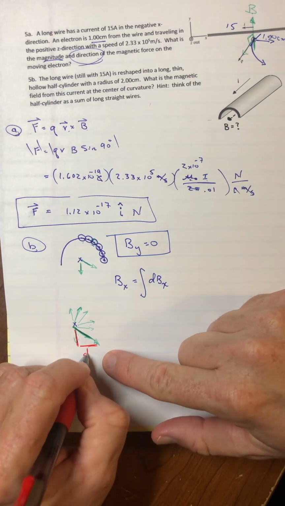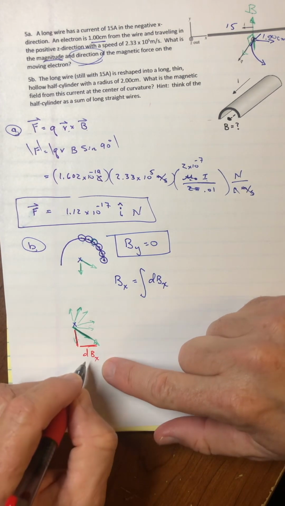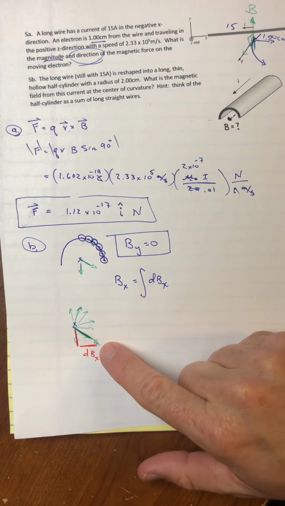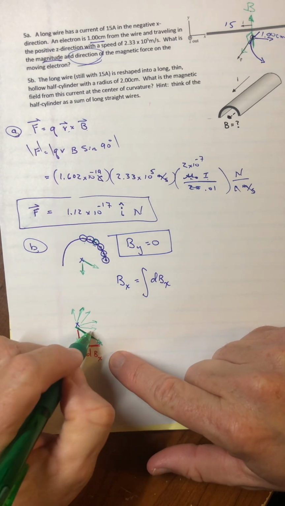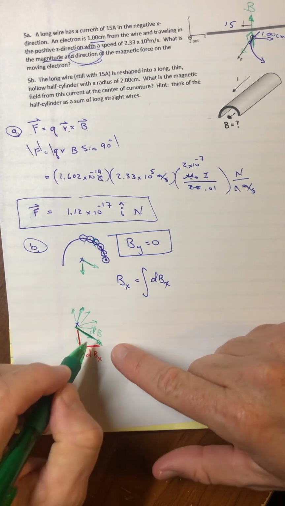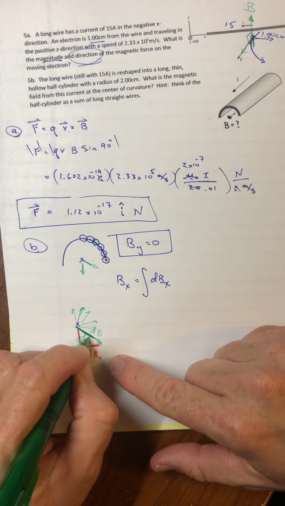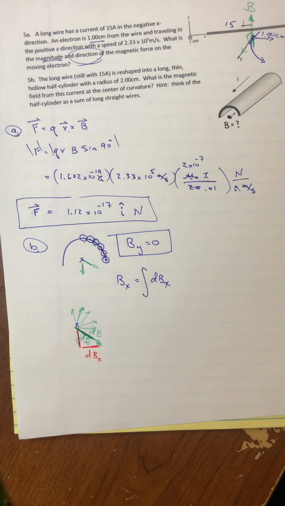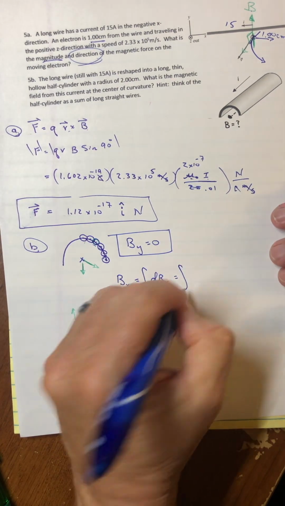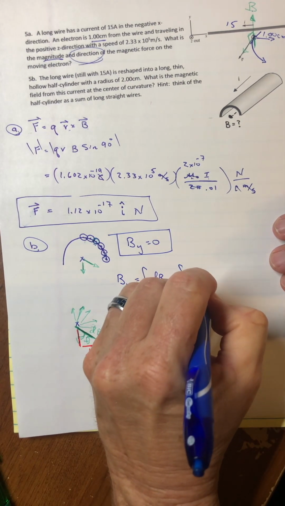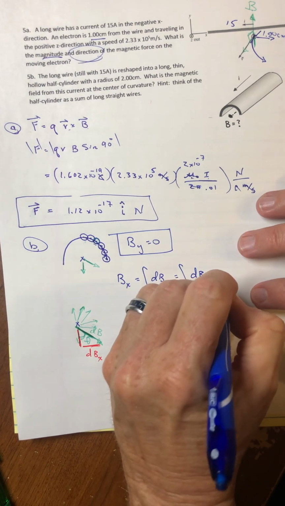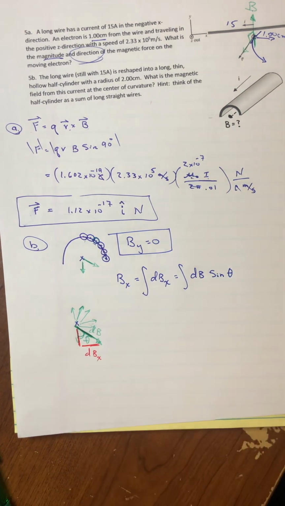And so right there is my dB sub x, because this right here would be just my dB. So this is the magnitude. If this is some angle, let's call it theta, then I take the magnitude dB and multiply by sine of theta, and that's how I get the x component.